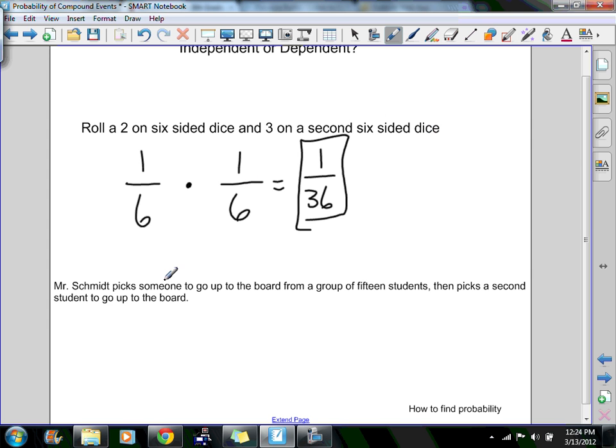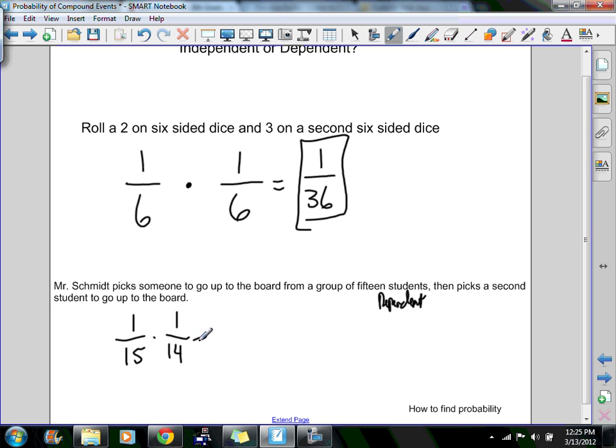Okay, so here Mr. Schmidt picks someone to go up to the board from a group of 15 students, then picks a second student to go up to the board, different than the first. First student is a 1 out of 15 chance, and the second student is going to be a 1 out of, now this is where it's different, it's 1 out of 14, and this here is a dependent event because the second student depended on the first.